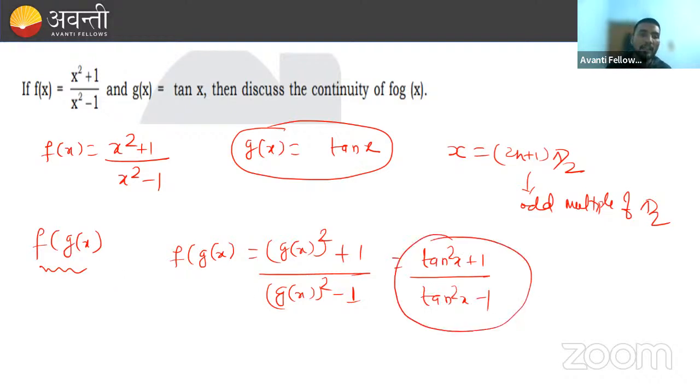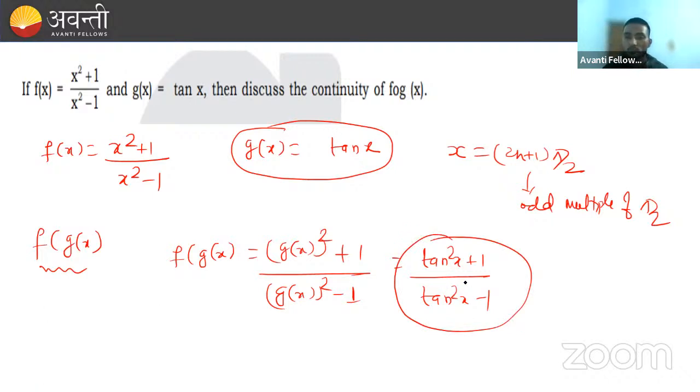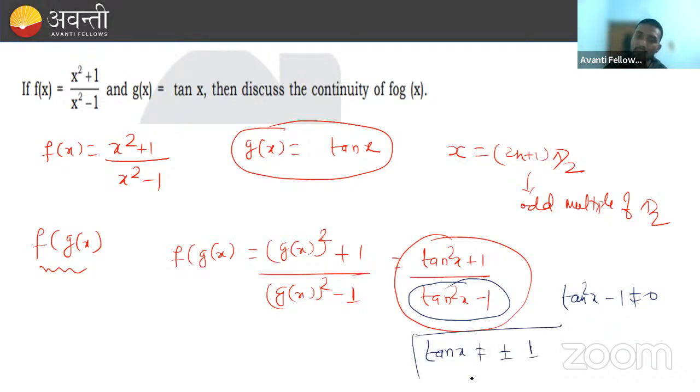Now again, if it is discontinuous, it is definitely a trigonometric function. So the denominator can't be equal to 0, otherwise it will be defined. So from here tan x can't be plus or minus 1, otherwise it will be discontinuous.